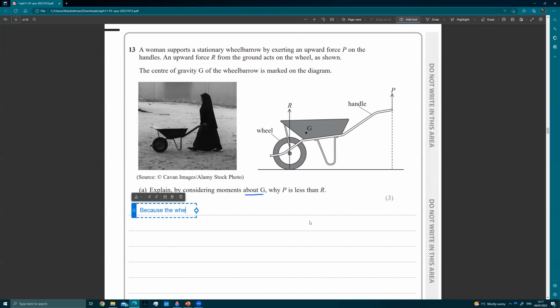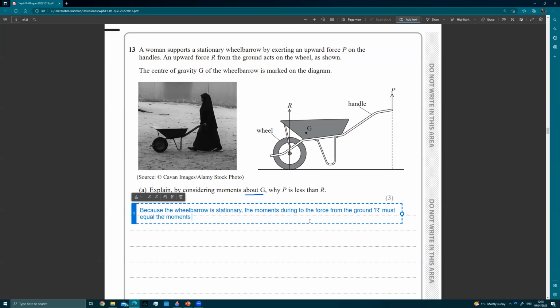So because the wheelbarrow is stationary, the moments clockwise is equal to the moments anti-clockwise, but we'll contextualize by saying the moments due to the force from the ground R must equal the moments due to the upward force on the handles P.